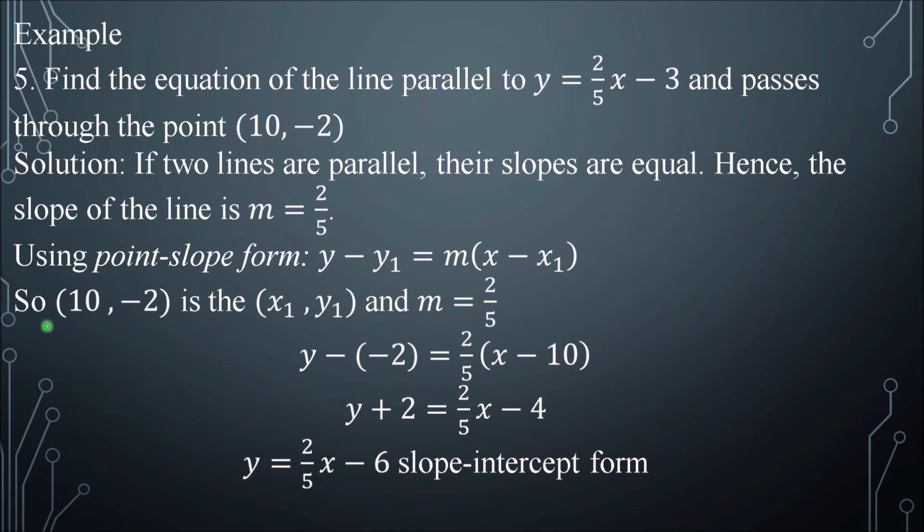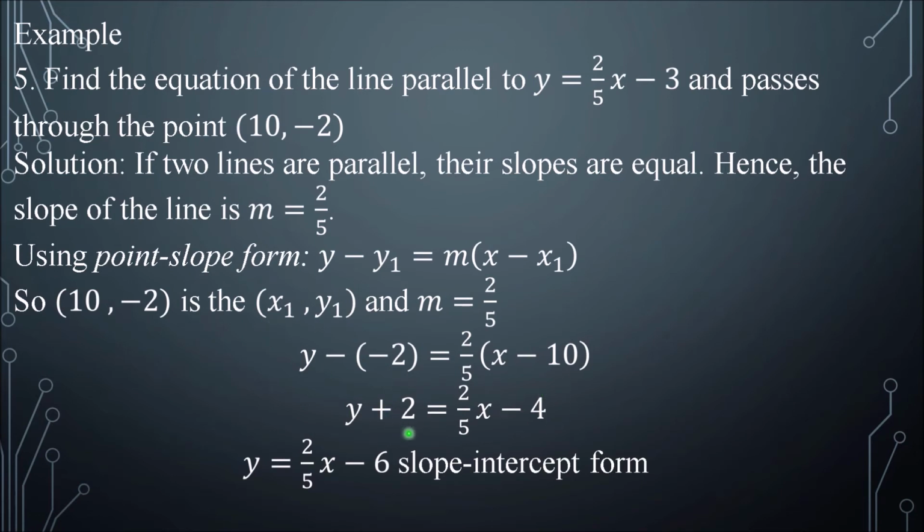So we have 10 as our x of 1, y of 1 is negative 2, and then the slope is 2 fifths. And then plug in the values, y minus negative 2, 2 fifths, x minus 10. Because y of 1 is negative 2, and x of 1 is 10.